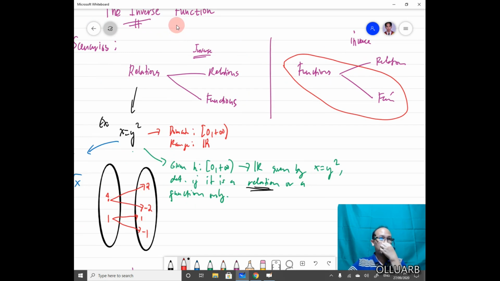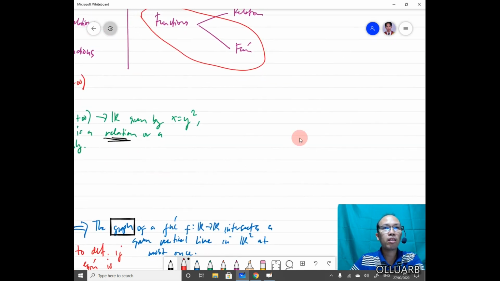As I've said, you cannot just do it by switching the ordered pairs, just like our example before. Let's try to visualize this.